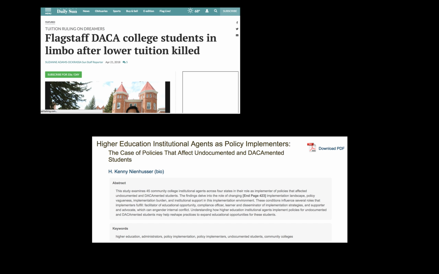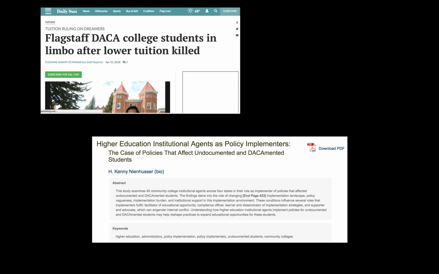So here's an example of the kinds of articles I would use for this. So, Flagstaff DACA college students in limbo after lower tuition killed. This is something that happened just the other day. It's very timely. So this is a popular article from a news source in Arizona. And it goes through and just says what happened and what decisions were made.